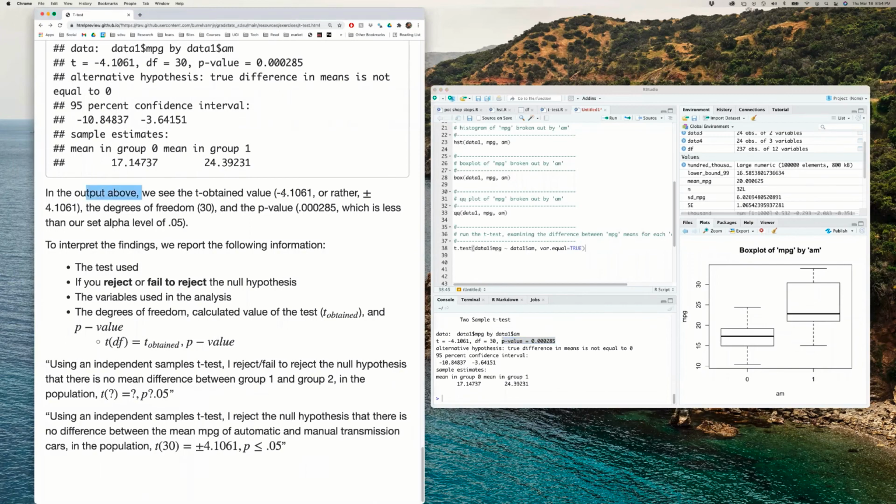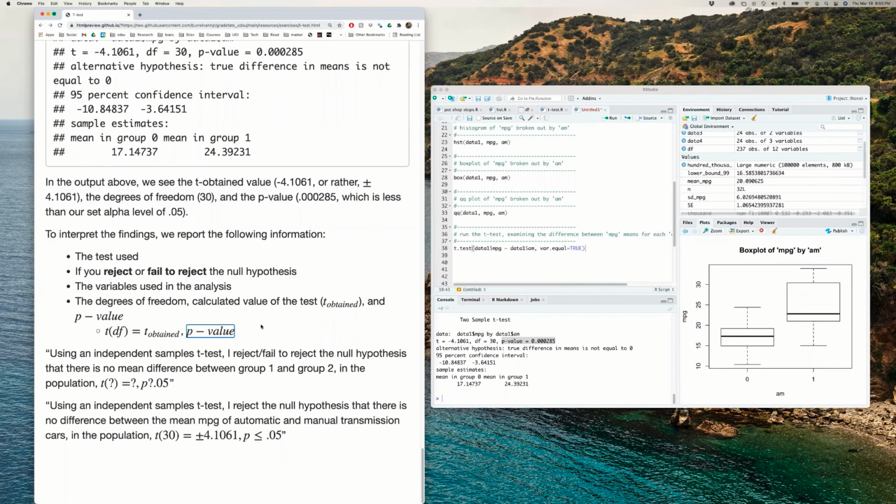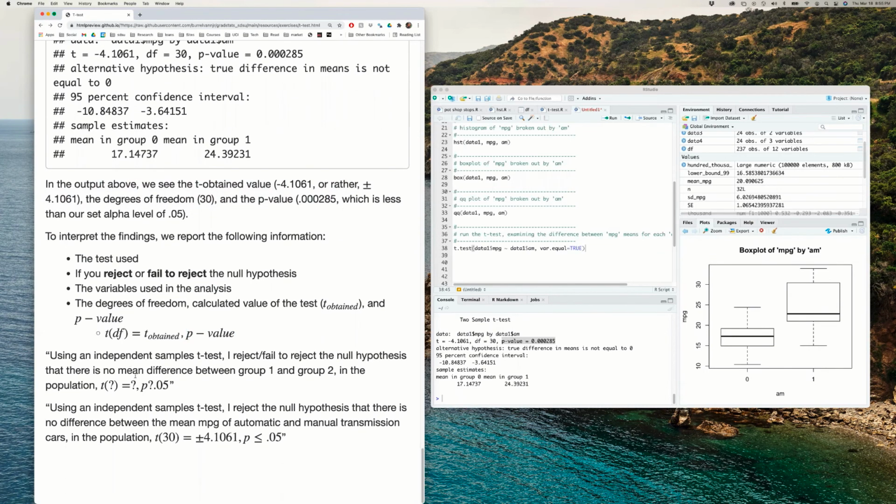So here we see in the output the t obtained value is this, so it's plus or minus, degrees of freedom is 30, and the p-value is that, which is less than our alpha of 0.05. To interpret this, we report this information: the test used, whether you reject or fail to reject, the variables, degrees of freedom, all this stuff. So the way we interpret this is to say, using an independent samples t-test, I reject the null hypothesis.